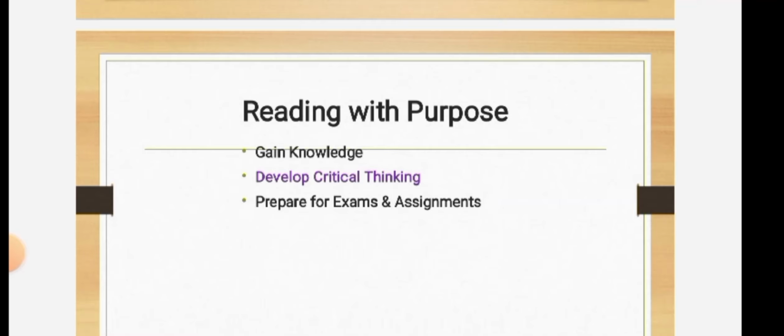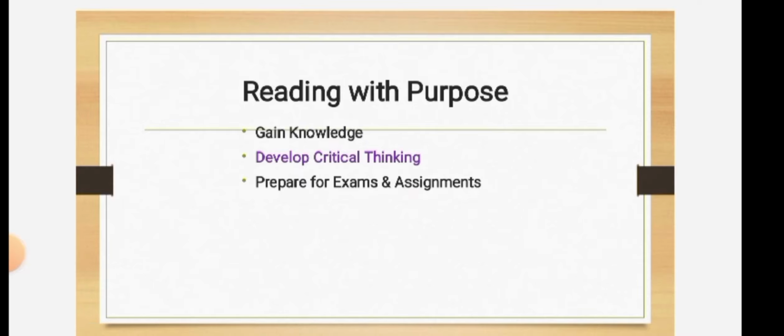Reading critically involves analyzing arguments, identifying evidence, and forming informed opinions. This means evaluating the strengths and weaknesses of what we read rather than accepting information blindly. Prepare for exams and assignments. Academic texts are essential resources when crafting well supported essays, reports, and research papers. They provide the necessary information and arguments to excel in academic tasks.